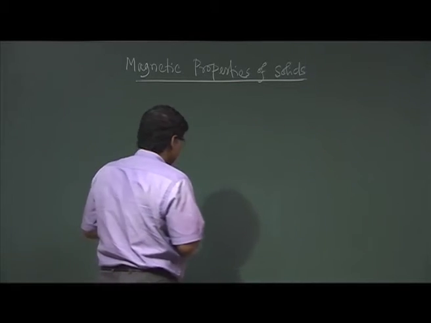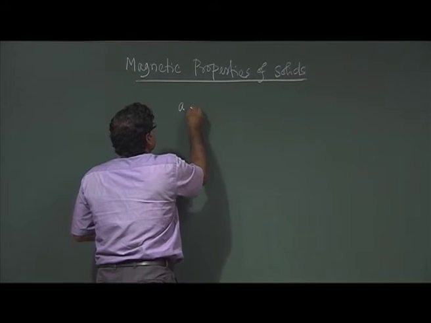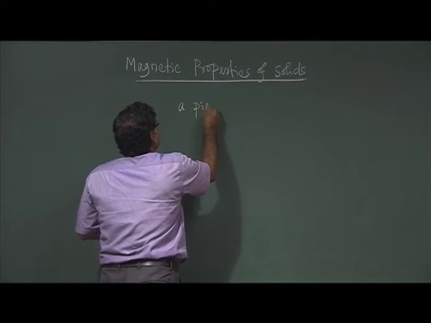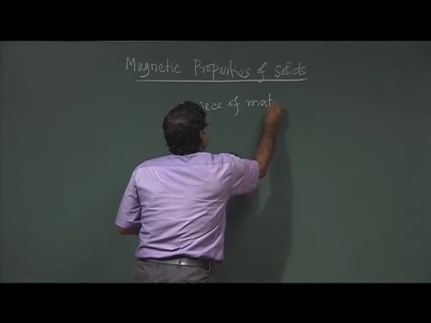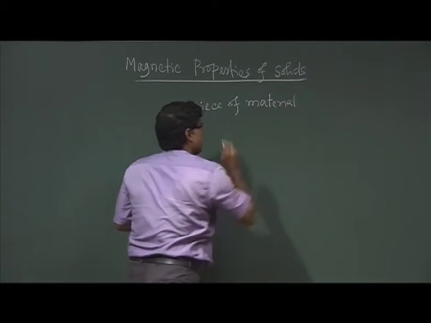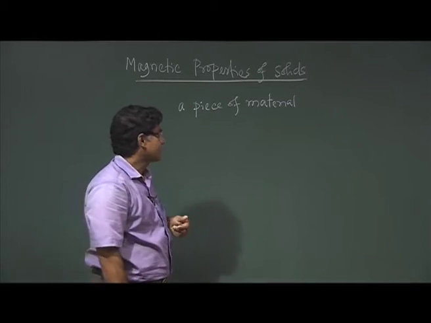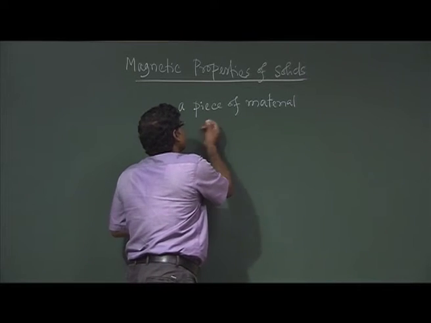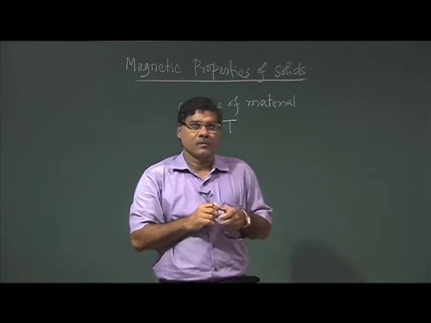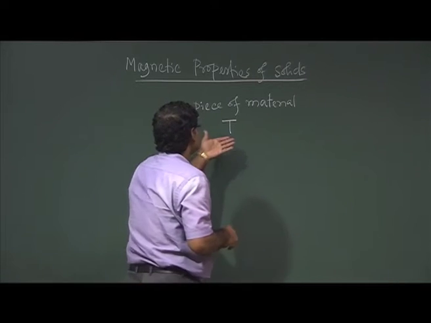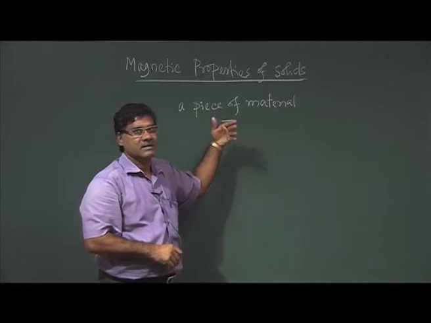So, you have seen that, say, if I take a piece of material and I want to study the thermal properties of this material, I have to apply thermal energy, and its temperature will change.